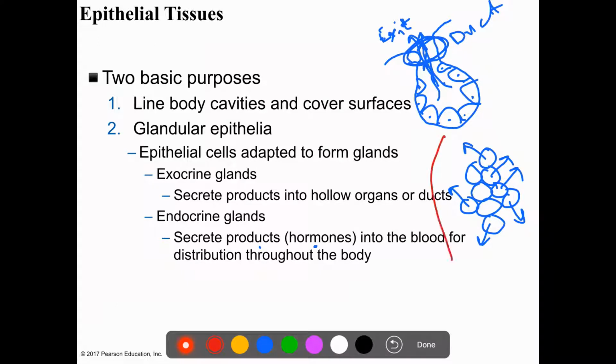Around the surrounding area there are blood vessels, so these secretions eventually go to the blood. But basically they don't have a duct to carry the secretions. So these are the 2 basic types of glands in our body.